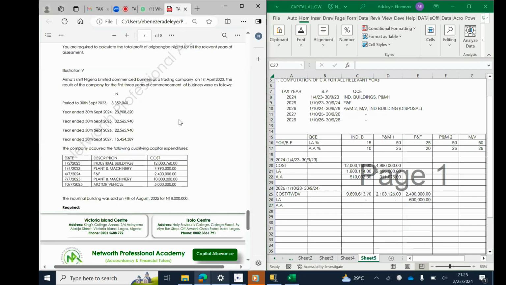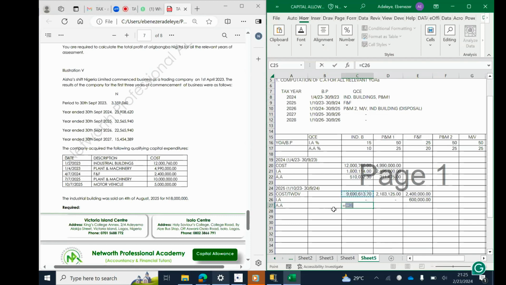Pay attention to something: we have a disposal here, but it's still until the next year, so we can still go ahead. We are computing annual allowance for the full year.